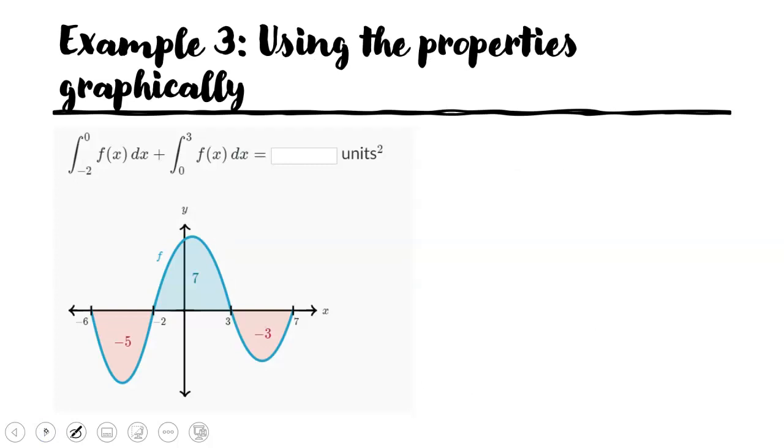So if you are given a graph with areas on that graph, what you can do is use that. So -2 to 0 plus 0 to 3.